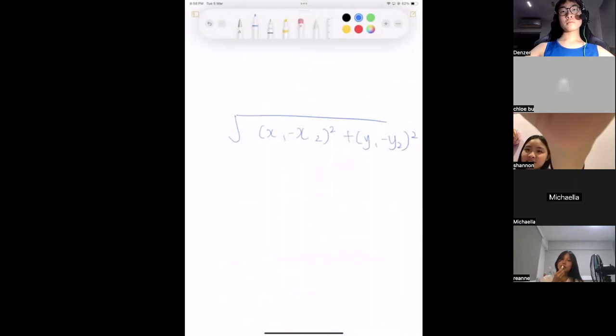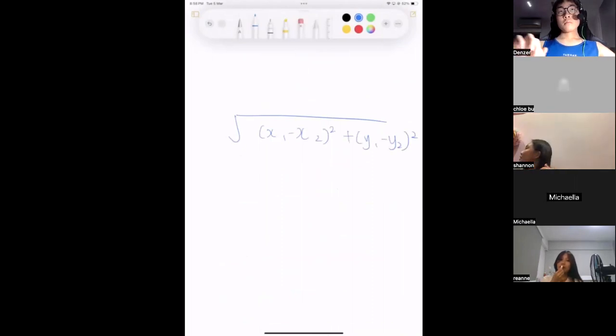So these are the 2 most important formulas that you must remember: the gradient and also the length equation. Very well done, everyone. And then this is a wrap for this chapter. But of course, we are going to finish up the last 4 questions of the tutorial. Am I very well ahead of school or not?